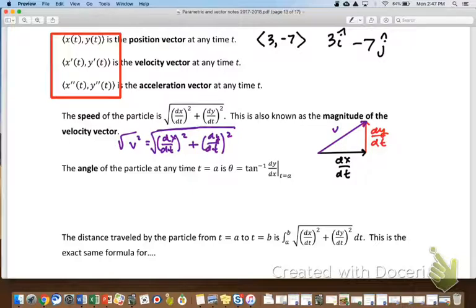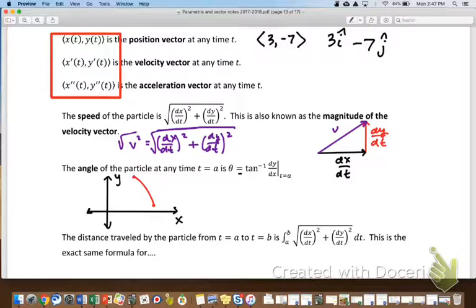So here's the y-axis, here's the x-axis, and let's say I had some object going from here to here.